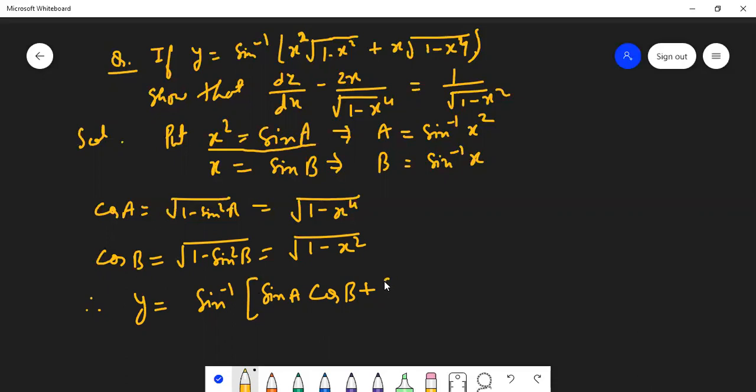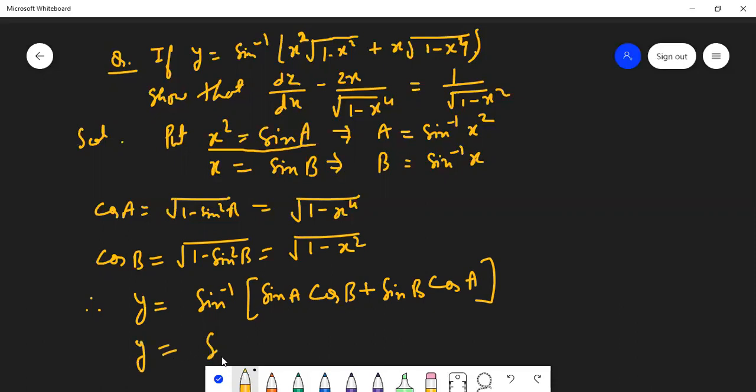Actually this is sine B cos A, so I rearrange it. Fine. So this is sine A cos B plus cos A sine B.